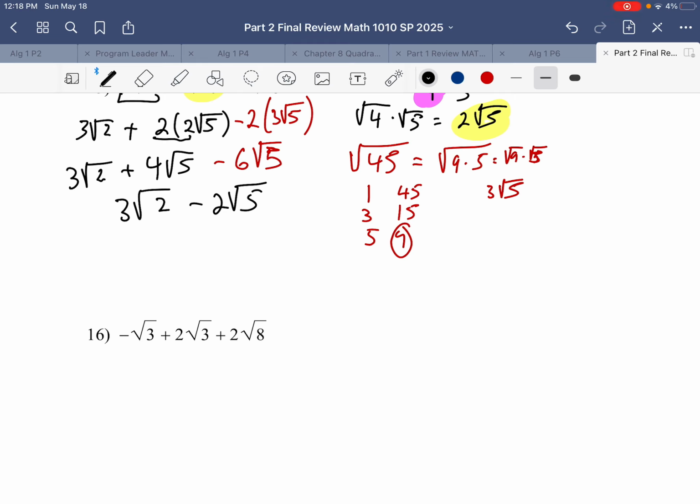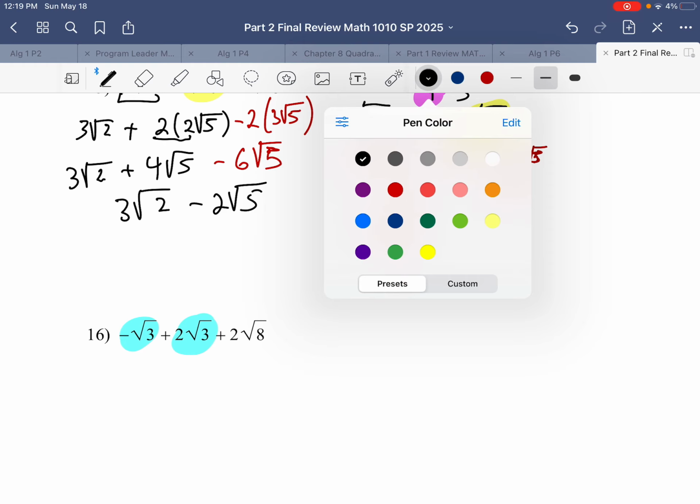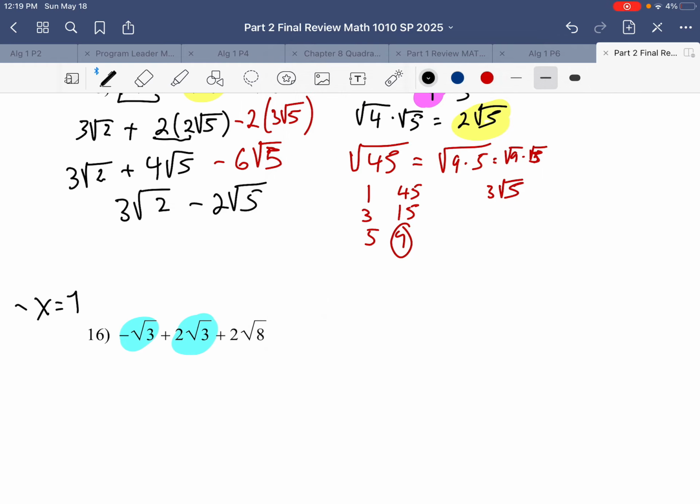For number 16, I can combine the negative square root 3 plus 2 square root 3. When you're looking at this one, if you're not sure, in the same way that I'd write negative x as negative 1x, this is like a negative 1 square root 3 plus 2 square root 3. So I'm left over with a positive 1 square root 3, or just the square root of 3.